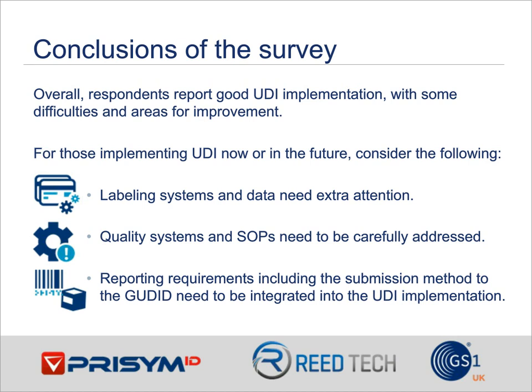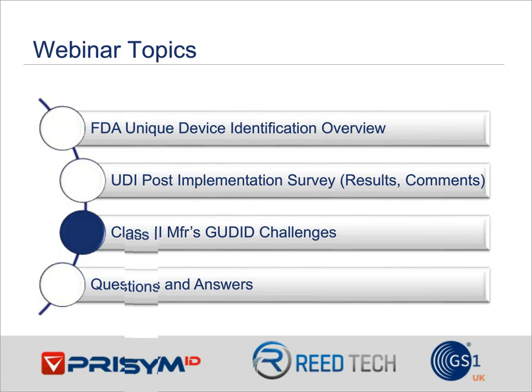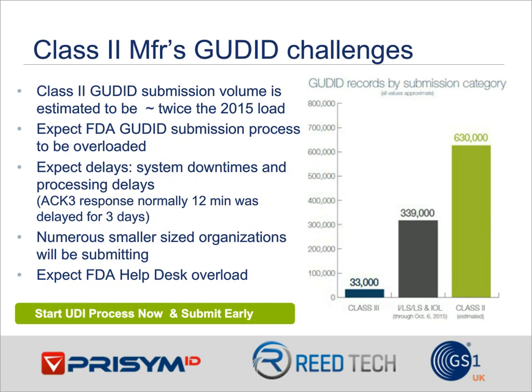I'm going to advance a slide and just talk very quickly in consideration of the time of the webinar and allowing some Q&A time at the end. On this slide, you see the high volume of expected Class 2 submissions for September of this year, and it roughly doubles what was submitted last year.